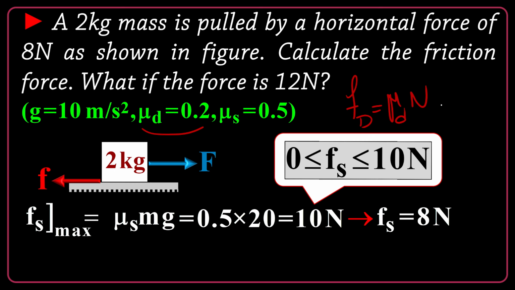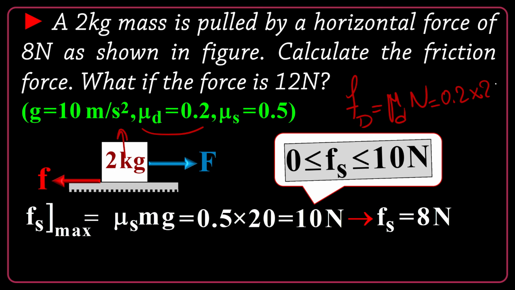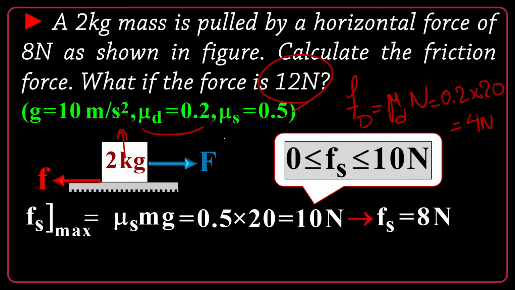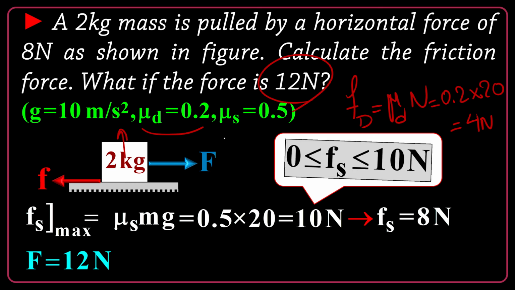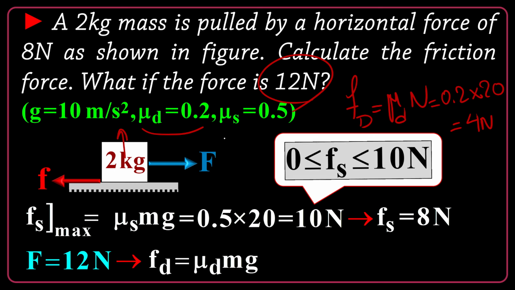Mu(d) is given to be 0.2, so it's 0.2 times the normal force. Normal force is 20, so it's 4. Done. So if you pull the object with a force of 12, the dynamic friction comes into this scenario, and it will be 4.